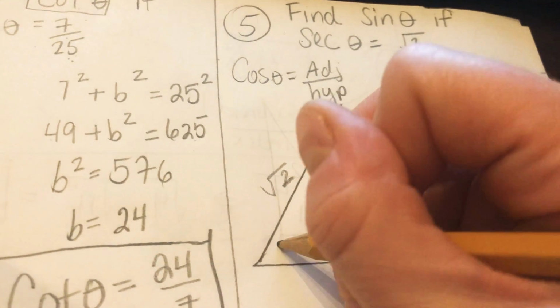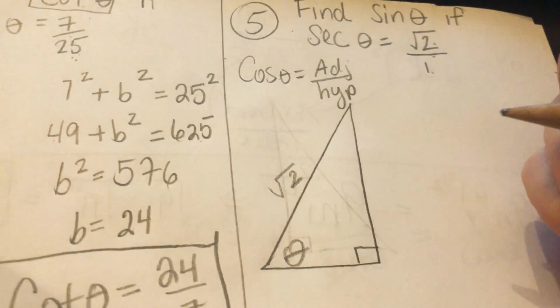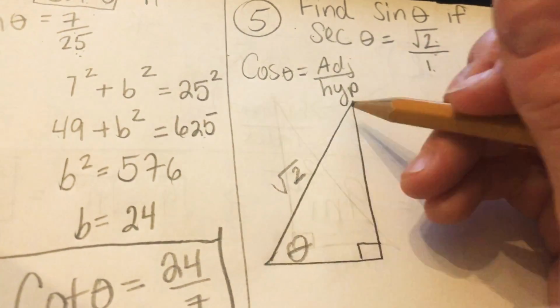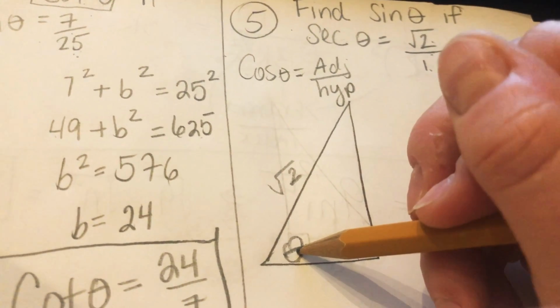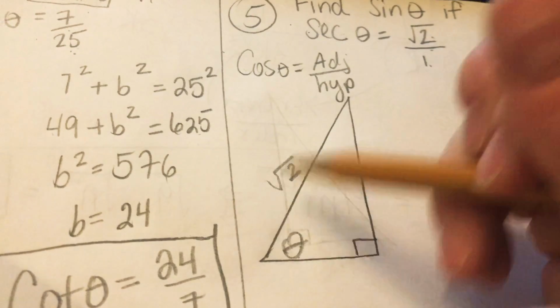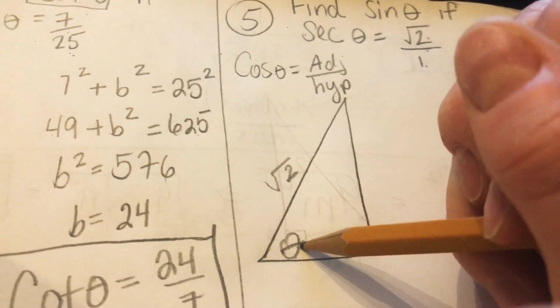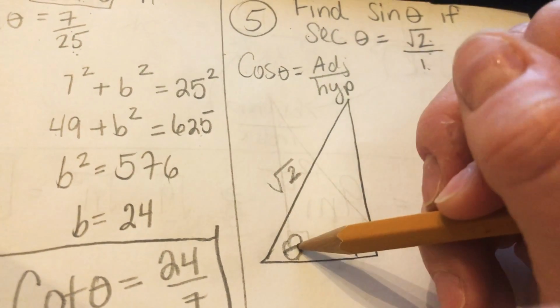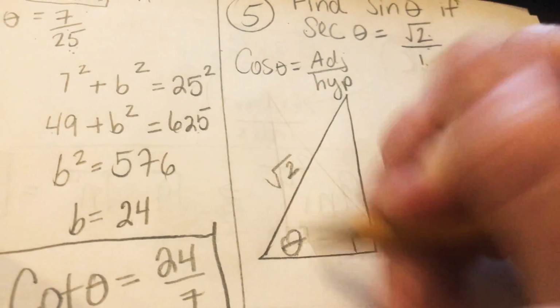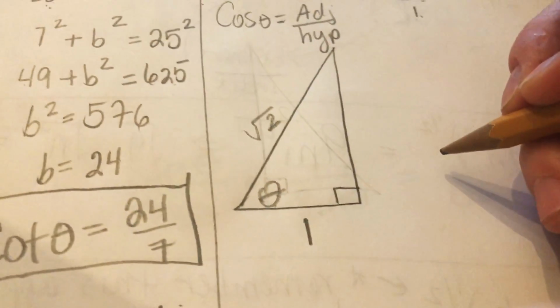Oh, sorry. First of all, I got to put the theta in. Let me put a theta somewhere. The hypotenuse is always the hypotenuse. It doesn't matter where theta is, but I'm going to put theta here. My triangle's facing a different direction this time, so just label accordingly. So hypotenuse over adjacent. My hypotenuse is radical 2. My adjacent is 1.